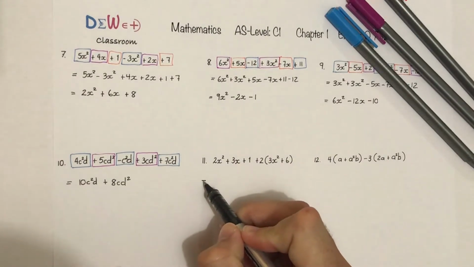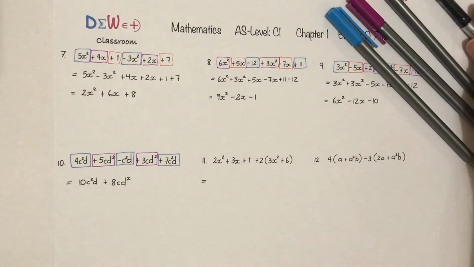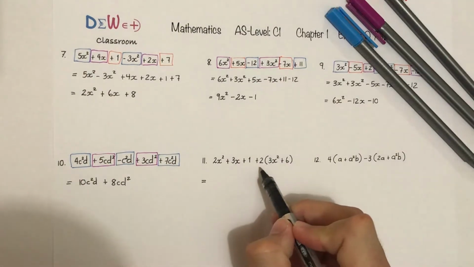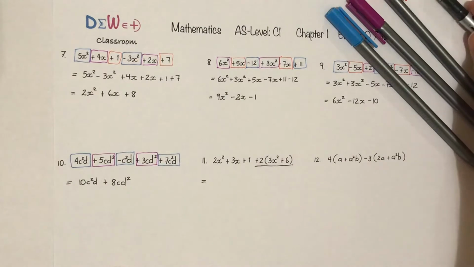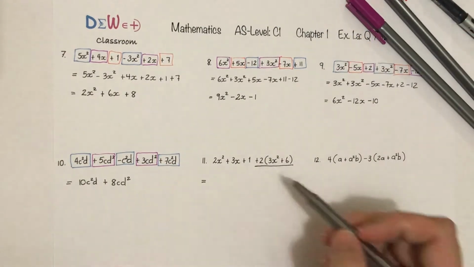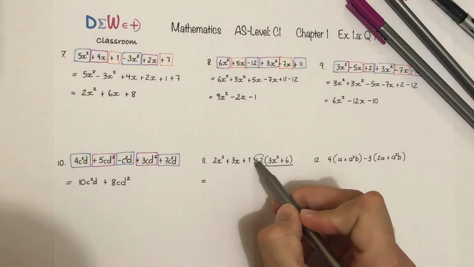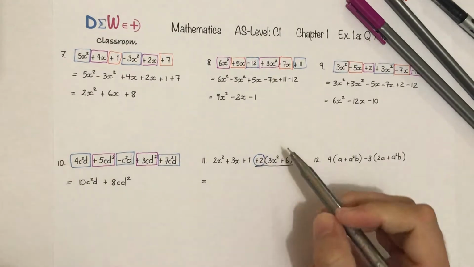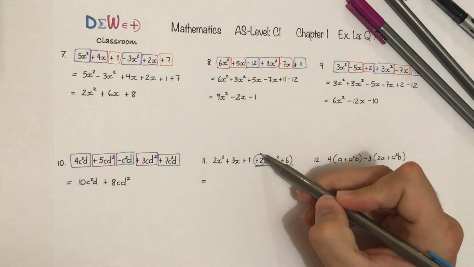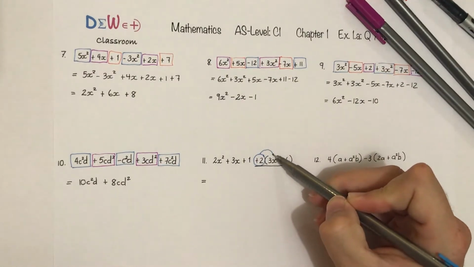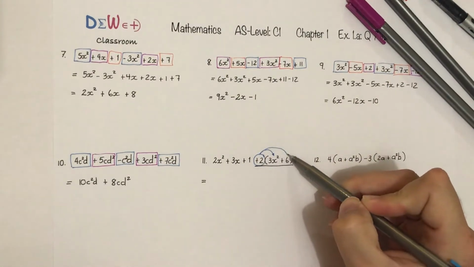In question number 11, what we have is the following. Here we have a term outside of brackets. So what you need to do first and foremost is the term that is outside of the bracket, and please remember that includes the sign, must be distributed, which means multiplied with each term inside of the bracket.